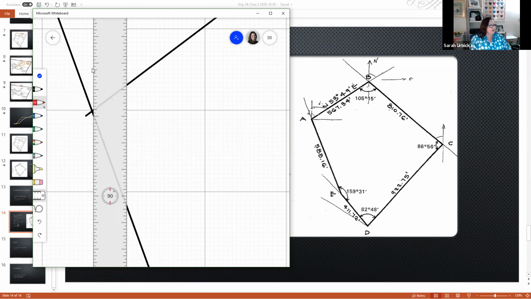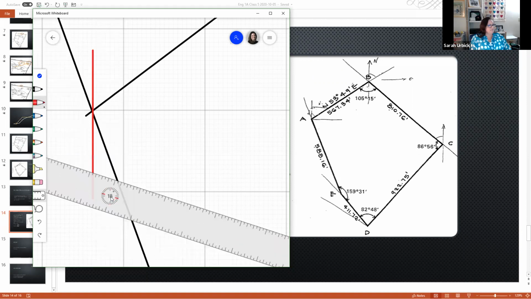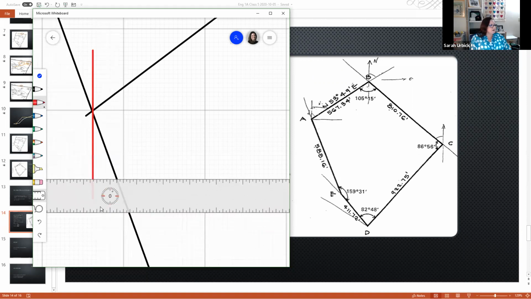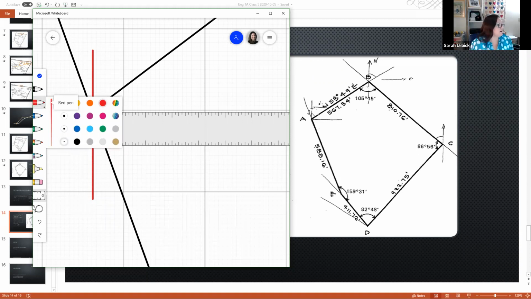Do my red pen, and I'm just going to give myself some crosshairs. Spin that around, get back to horizontal, and I'm going to give myself a horizontal component to this as well. There we go. All right.